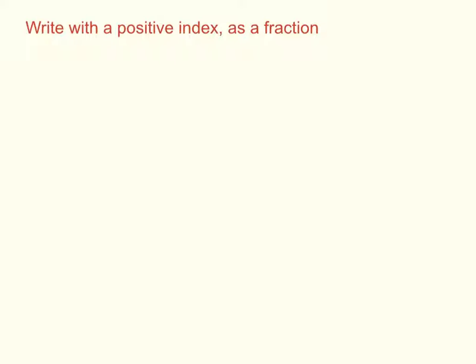Alrighty, so if I've got something like m to the power of minus 3, I would write that as 1 over m cubed. Now if I've got something like m to the minus 3, n to the minus 2, again, a negative index we write as a fraction. This is just two things, by the way.